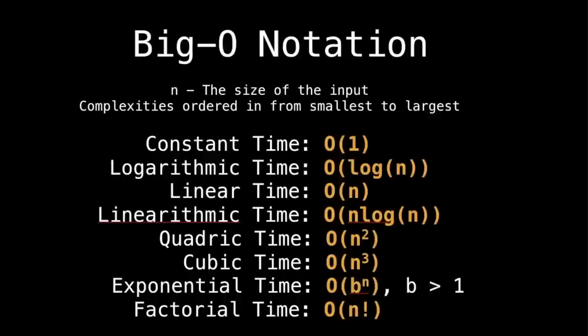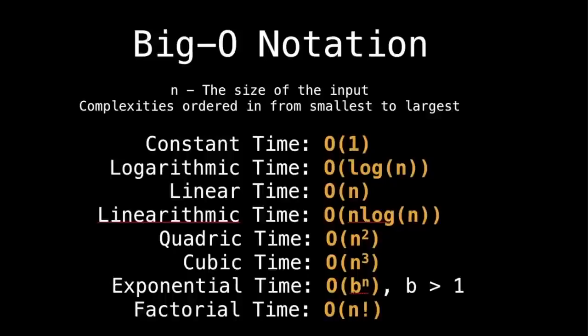If it's linear, then we just say n. If it takes quadratic time or cubic time, then we say that's n raised to that power. If it's exponential, usually this is going to be something like 2 to the n, 3 to the n, any number b greater than 1 to the n, and then we also have n factorial.